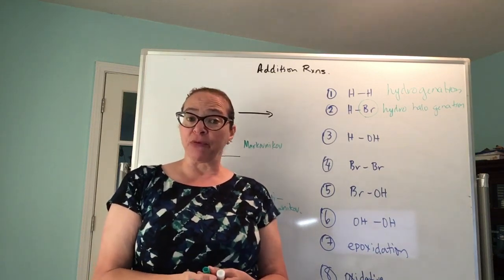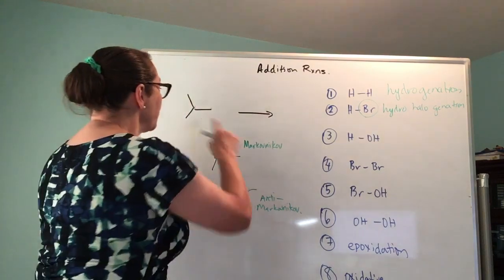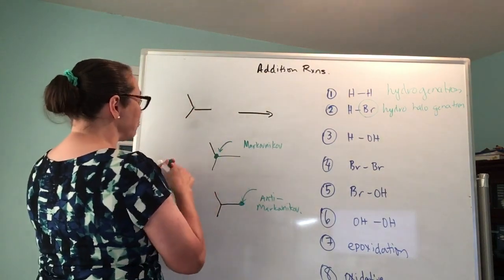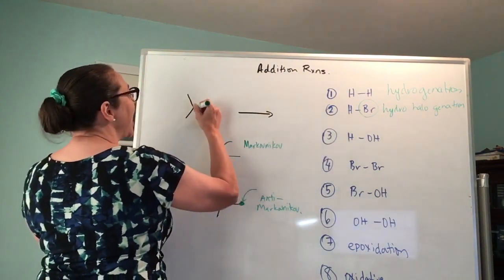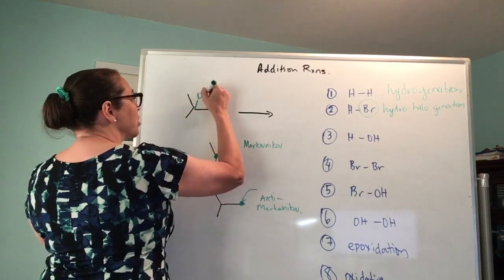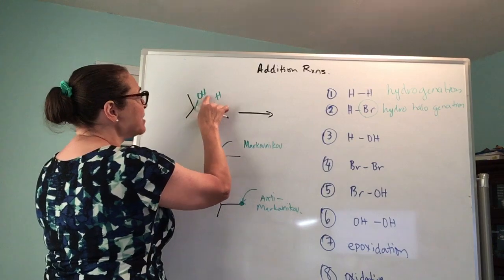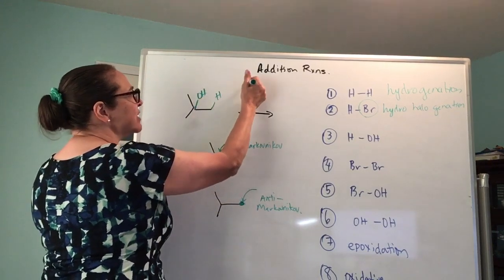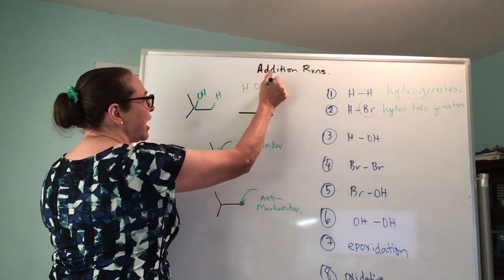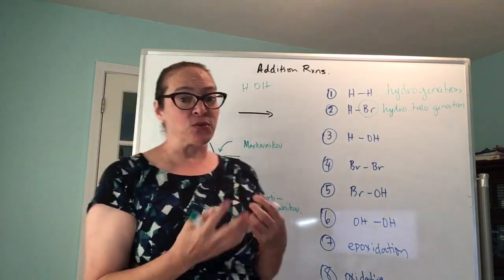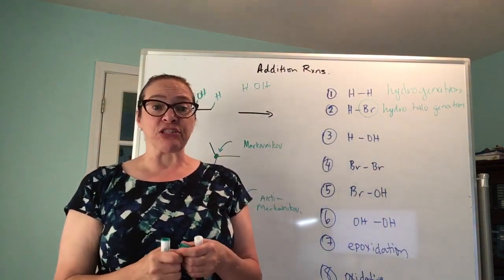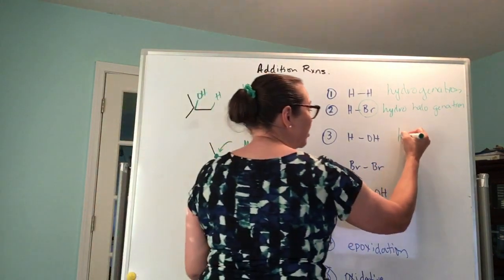The third type of reaction that we're going to be looking at is when we have the double bond, and instead of the double bond, we're adding an OH and a hydrogen. Because an OH and a hydrogen together equal HOH, that's water, these kinds of reactions are known as hydration.